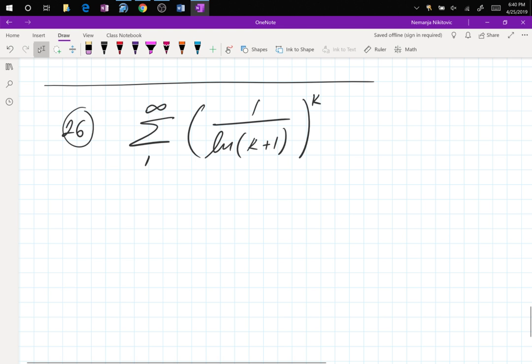Convergence. You can skip the square root part, or the k root part. You already know what you're going to do.